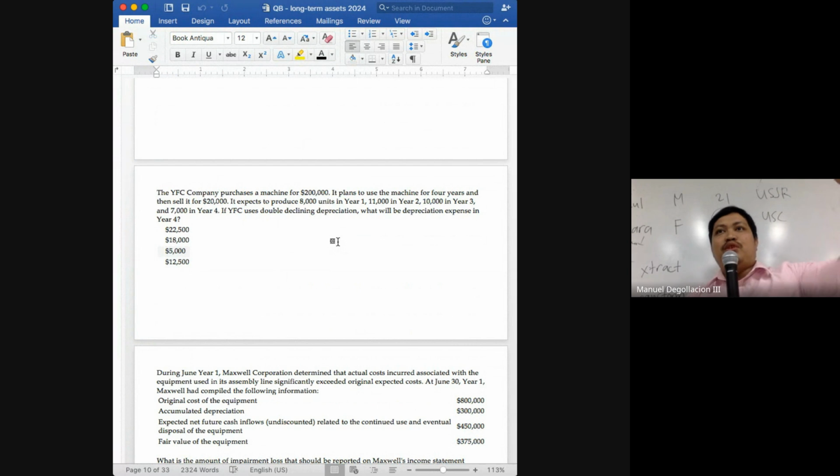If it was 200, then you have depreciation of 100. How much will be the balance of the asset now? 100. It is now this 100 that will be subject to the depreciation rate of 50%. So for year 2, you will multiply the 100,000 remaining balance by the depreciation rate of 50%. So how much then is the depreciation expense in year 2? It would be 50,000.